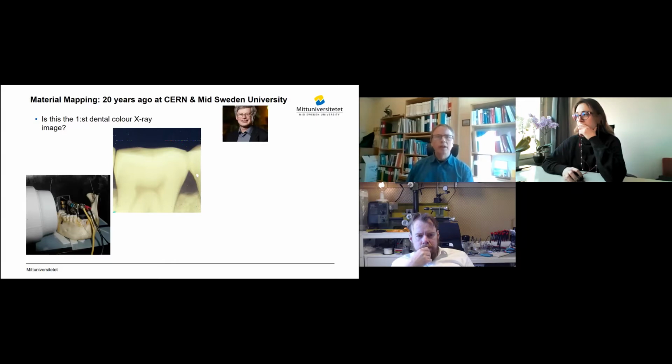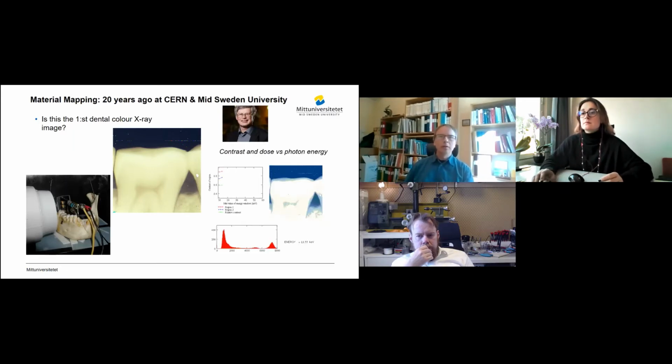Here I looked at how the image actually changed when we change the energy of the received image.